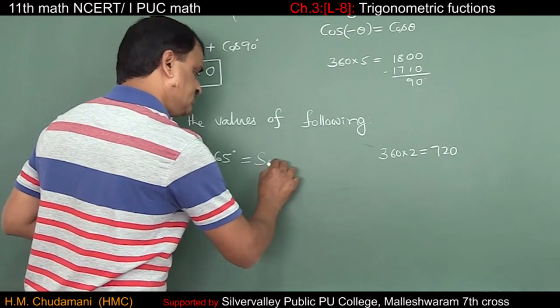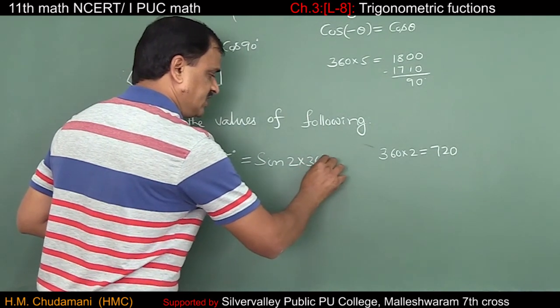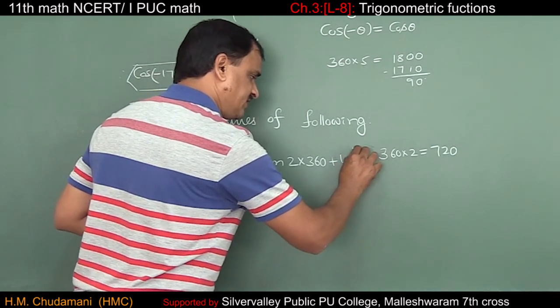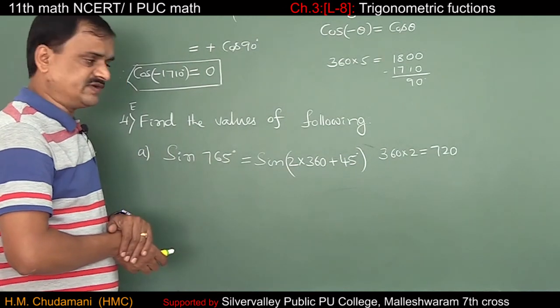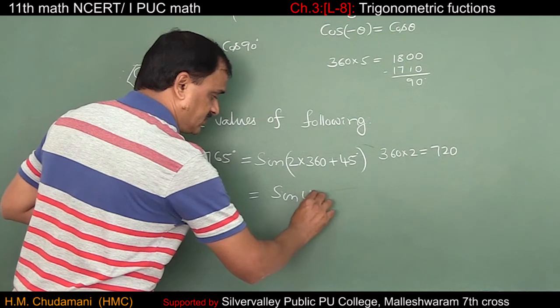So that means sin of 2 into 360 degrees plus 45 degrees. 720 plus 45 means 765 only. So this is sin 45 degrees.